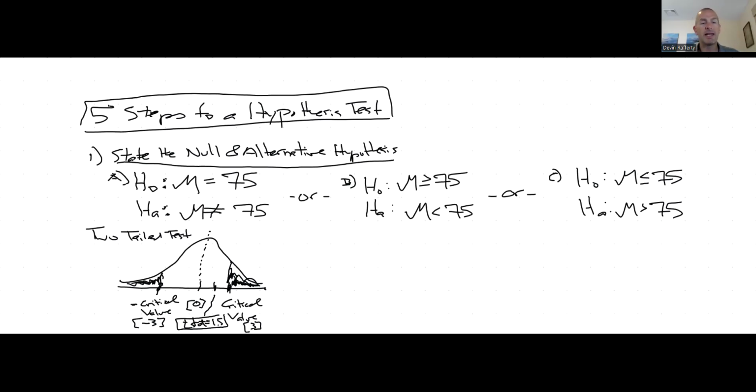If I'm in the non-shaded region, then I will say I'm in the region of non-rejection. I set it up that way on purpose. The non-shaded region is the region of non-rejection.